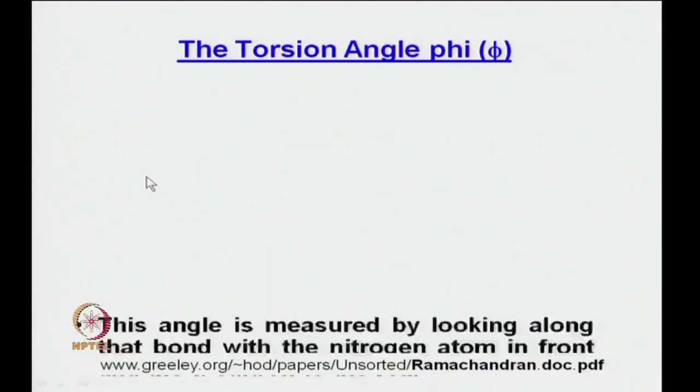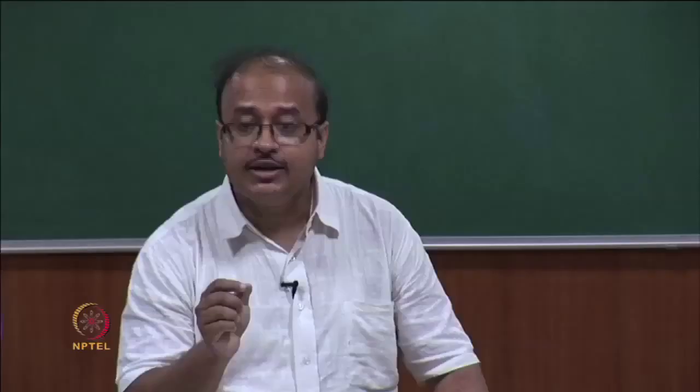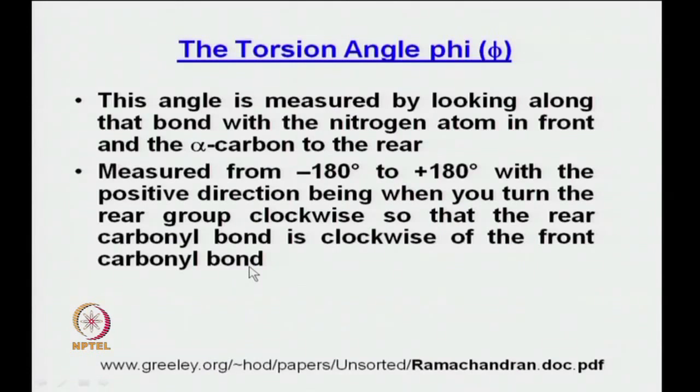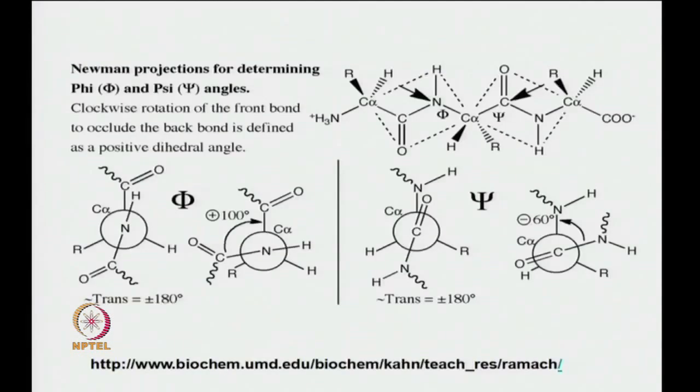So, what this is saying is that you move it clockwise. When you move it clockwise, the rear carbonyl bond is always clockwise of the front carbonyl bond. So, this is the rear carbonyl, and you can see it is clockwise of the front carbonyl. Here also the rear carbonyl is clockwise of the front carbonyl.